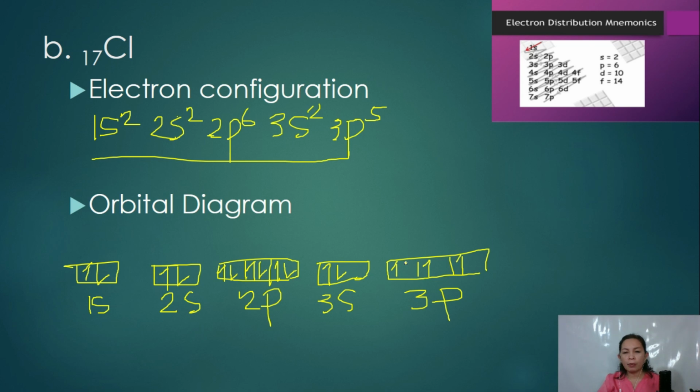Then it's time to pair once we are done distributing to all. Since we only have 5, we end up here: 1, 2, 1, 2, 3, 4, 5. So these are the orbital diagram and electron configuration of fluorine.